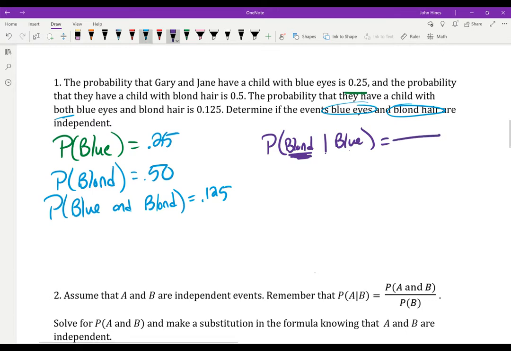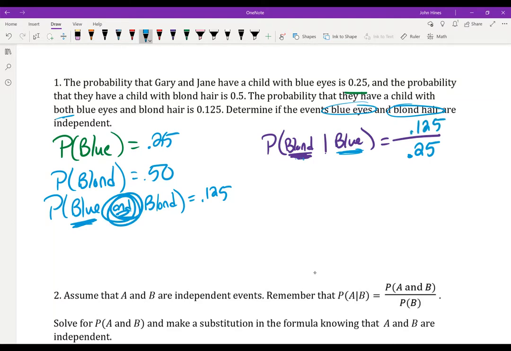So my universe shrunk to just picking the blue-eyed people, 0.25. Of those blue-eyed people, how many of them are also blonde is the question. Well, I can't put 50% up top because I know blue already happened. When we find given probabilities, the and probability goes up top.